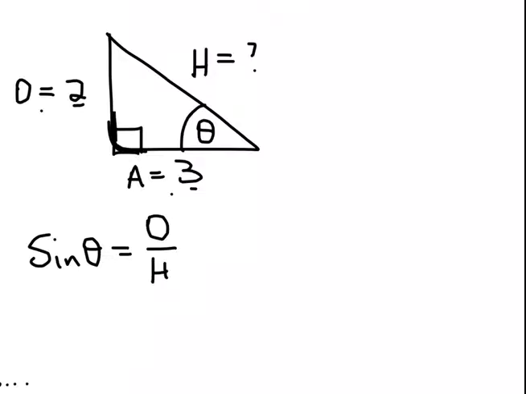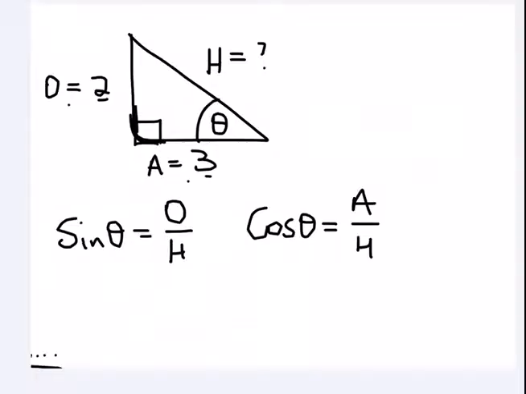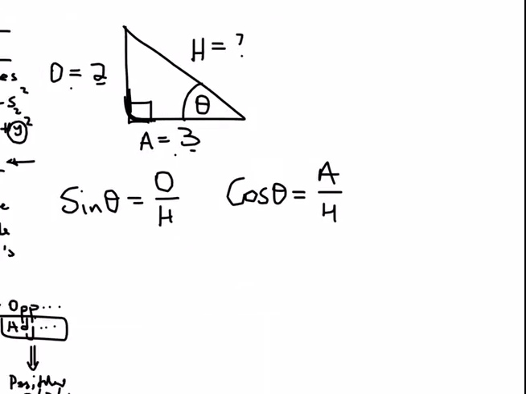When it comes to cos, cos of any angle of a triangle equals adjacent over hypotenuse. And when it comes to tan, we said tan of an angle equals opposite over adjacent.